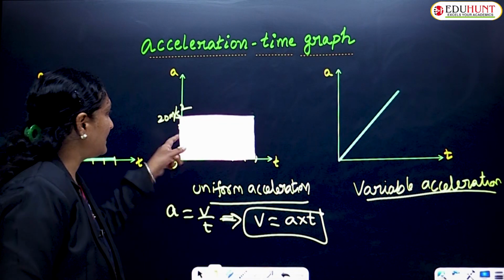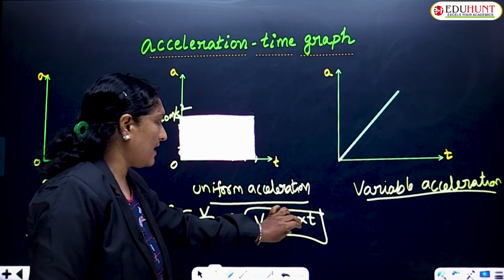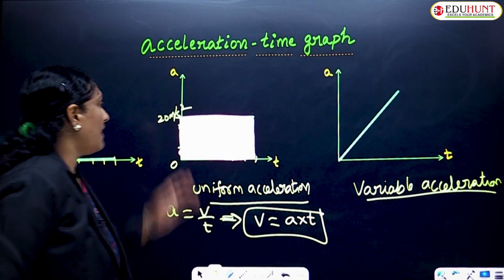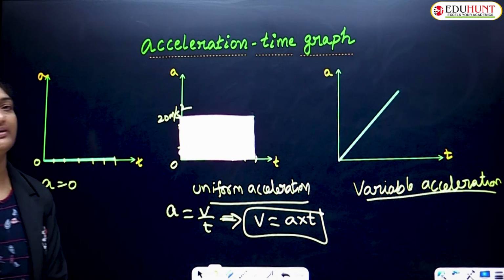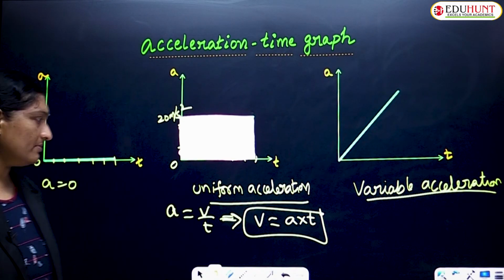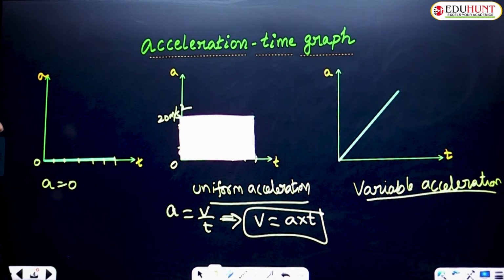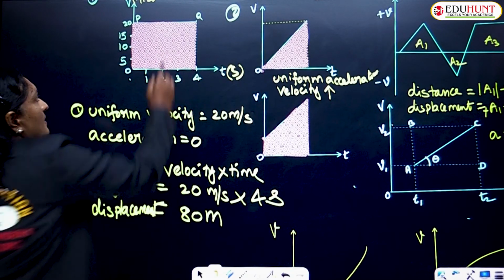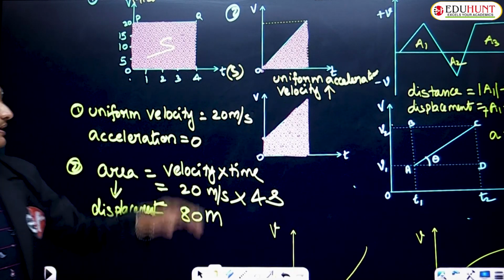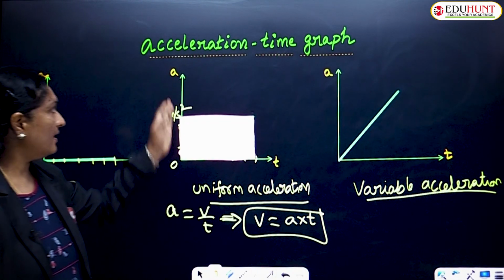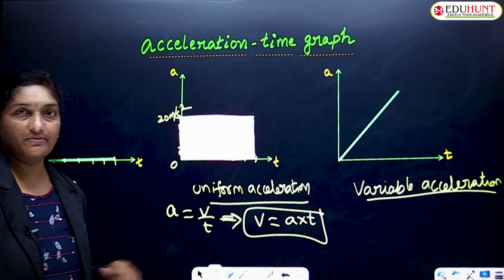That means if you multiply acceleration with time, you get velocity. That means the area under the acceleration time graph gives velocity. Whereas the area under the velocity time graph gives displacement. The area under the velocity time graph gives displacement and the area under the acceleration time graph gives velocity.